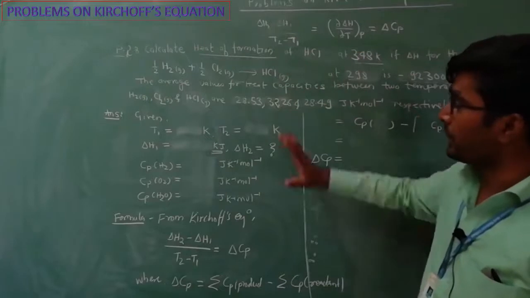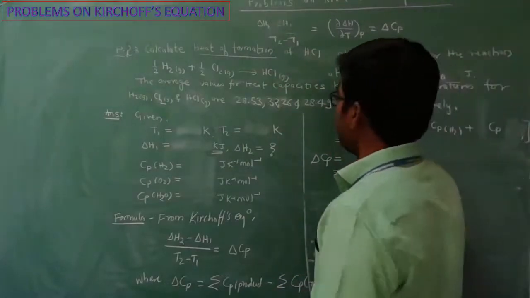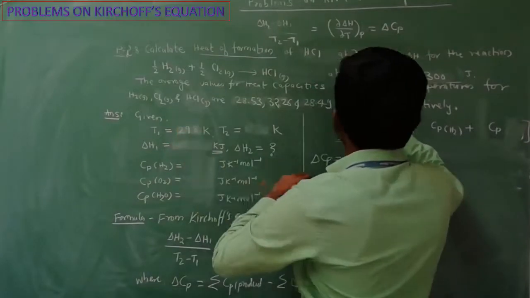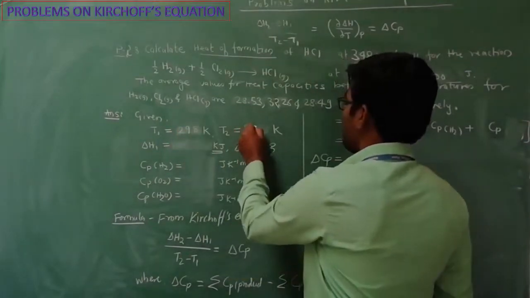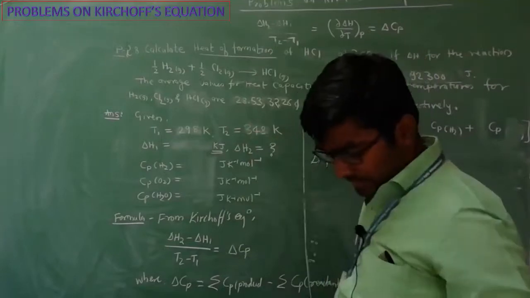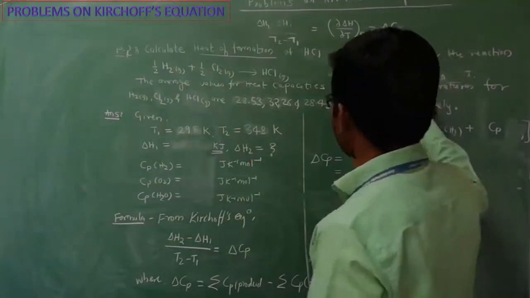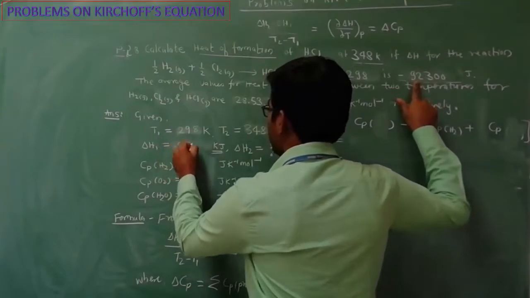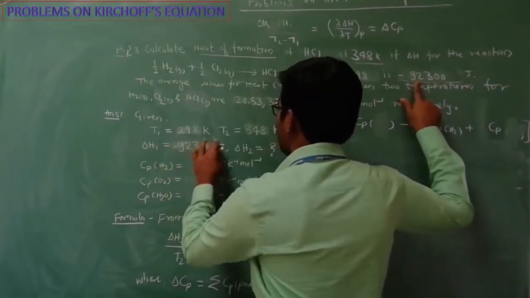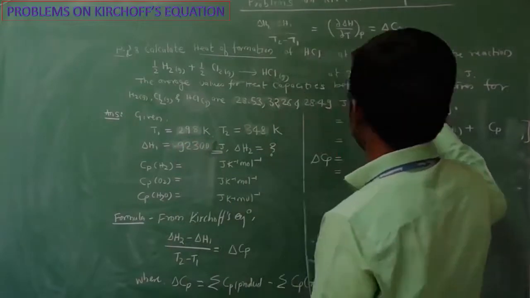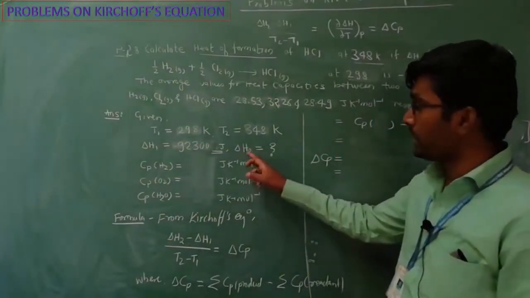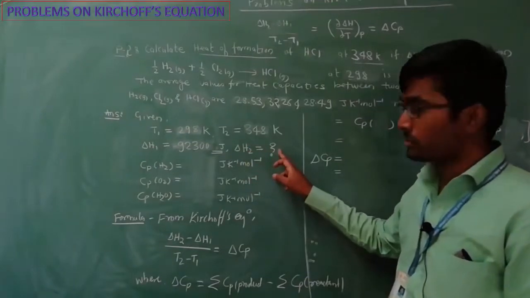Now, let us put these values. Our T1 is 298 Kelvin, T2 is 348 Kelvin. Delta H1, the heat of formation, is given: it is equal to minus 92,300 joule. And delta H2, the heat of formation at temperature T2, is asked to calculate.